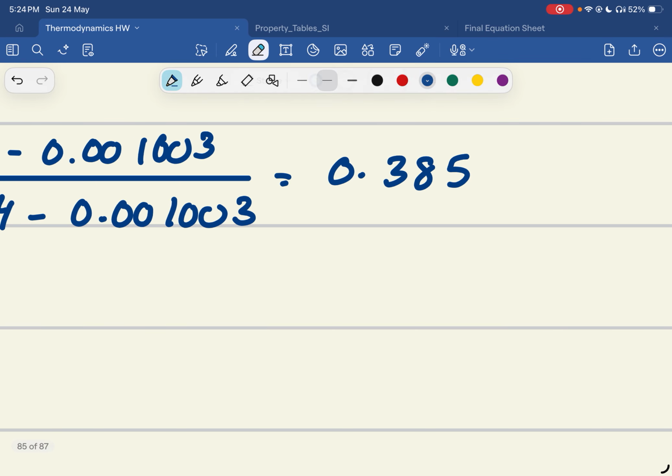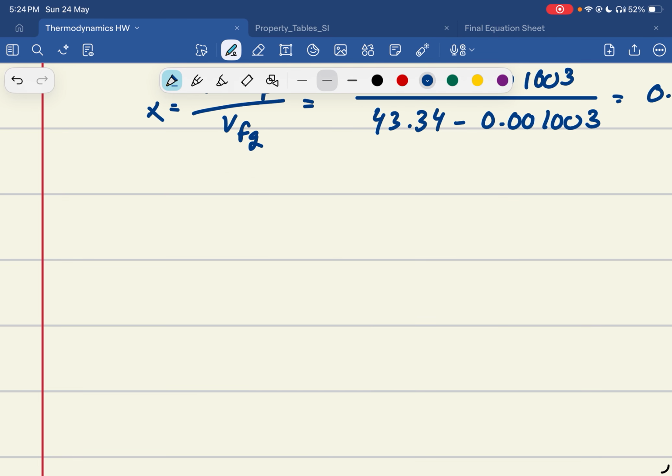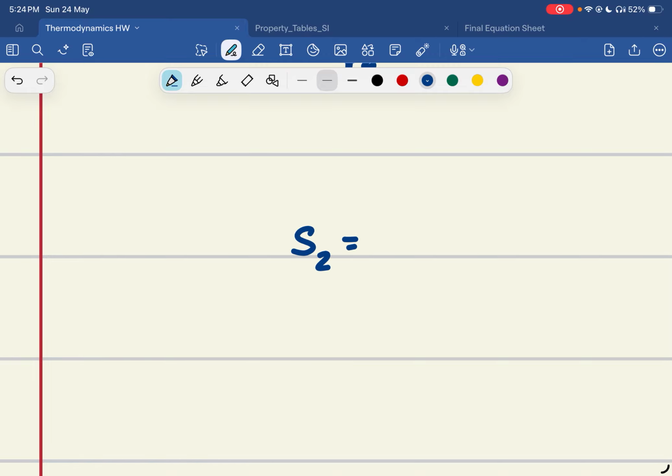Okay, and now we can find S2 equals SFG times X plus SF.